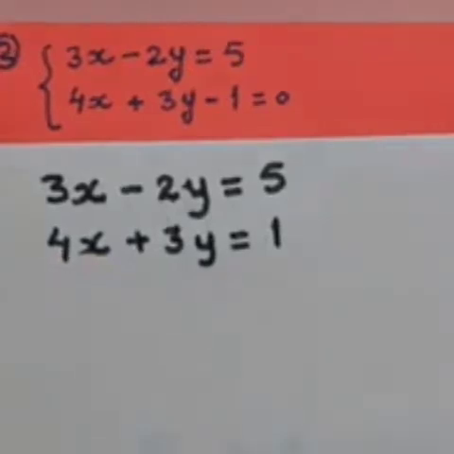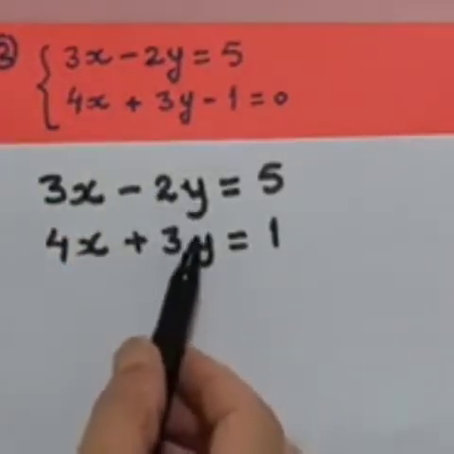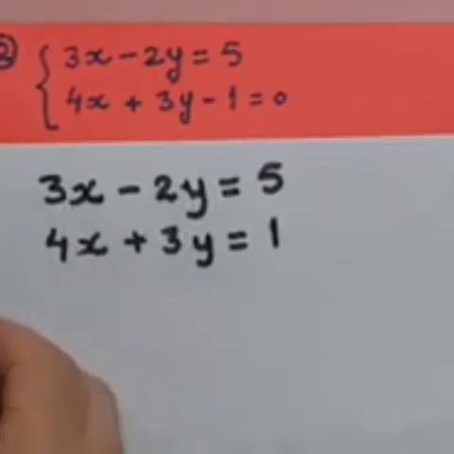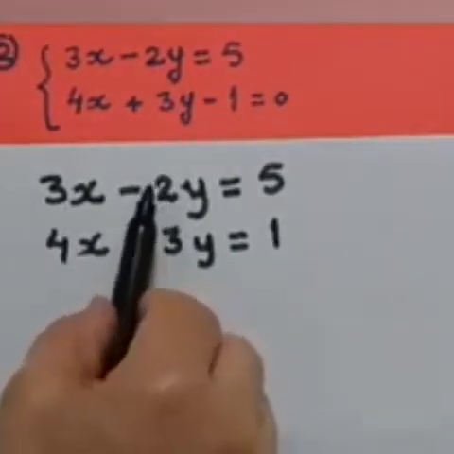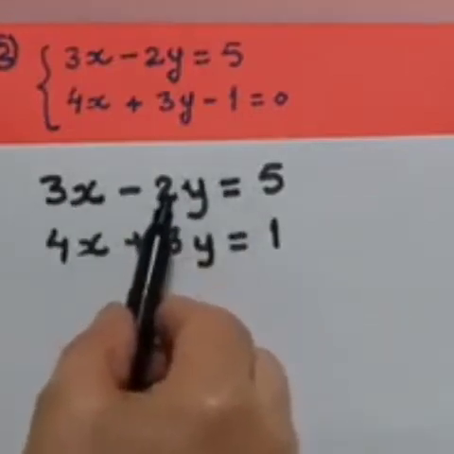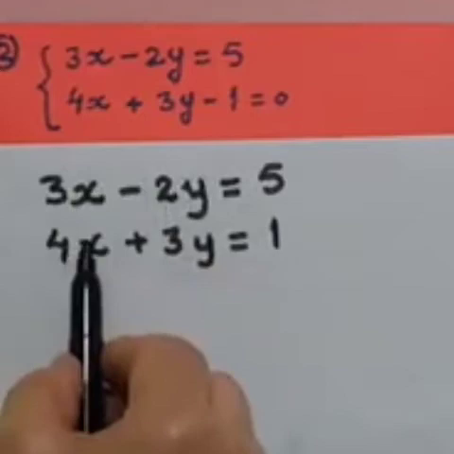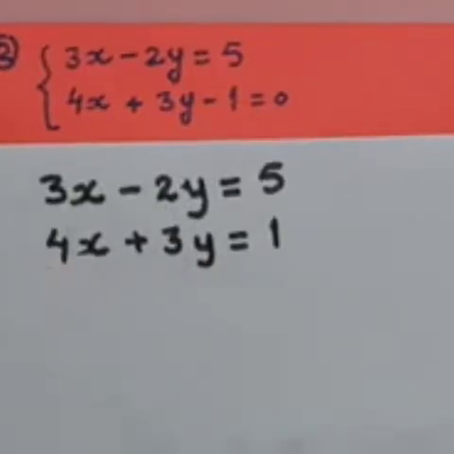Now, we have to make the coefficients of y or the coefficients of x equal. That should be number 6. And we can get that by multiplying the first equation by 3 to be here 6, and multiplying the second equation by 2 to be here 6 also.